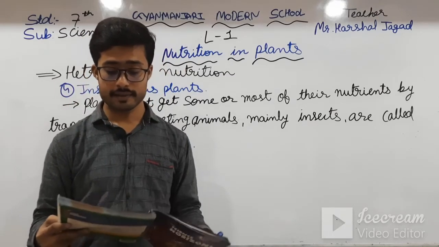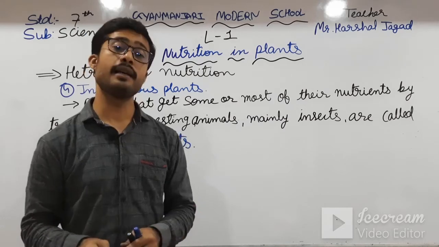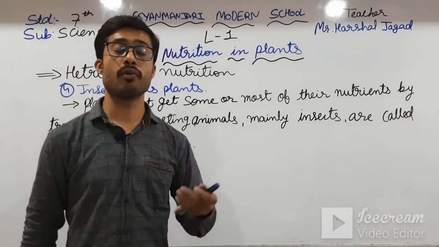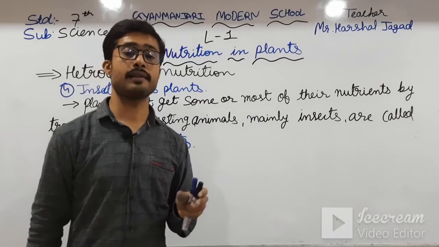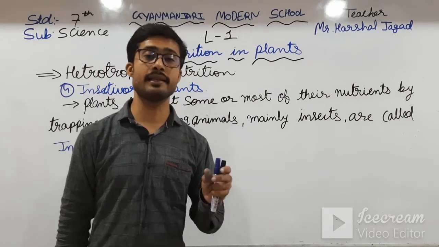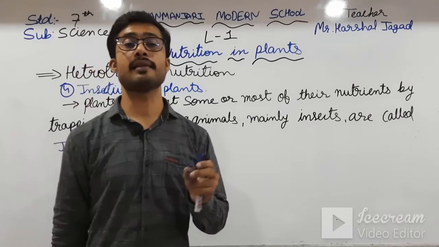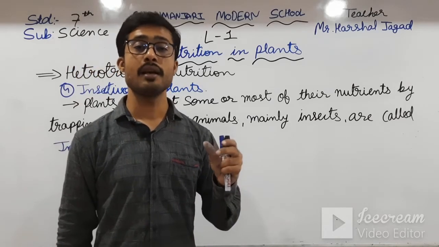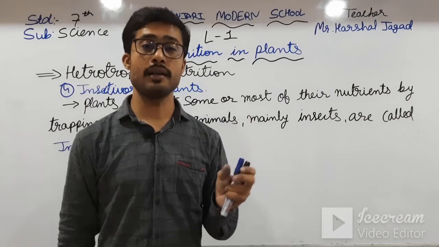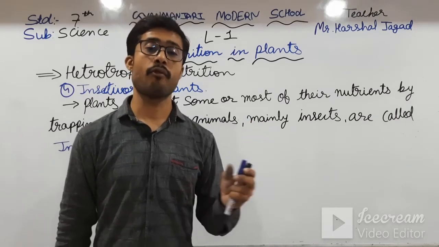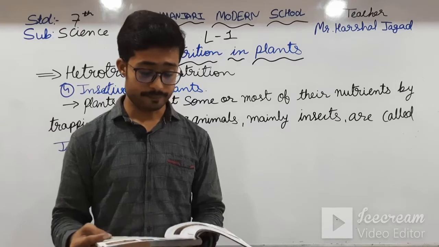Okay students, they are able to carry out photosynthesis and make their food on their own, but they grow where there is a deficiency of nitrogen in the soil, so they consume other animals or insects for that.